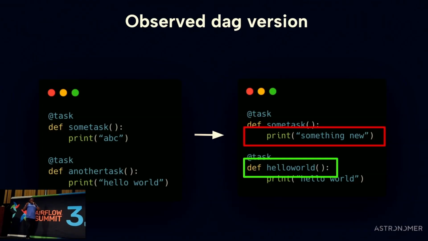What will trigger a new serialization is changing the parameters of the task, or, for example, below here we have another task being renamed to Hello World. This kind of change will trigger a new serialized Dag.